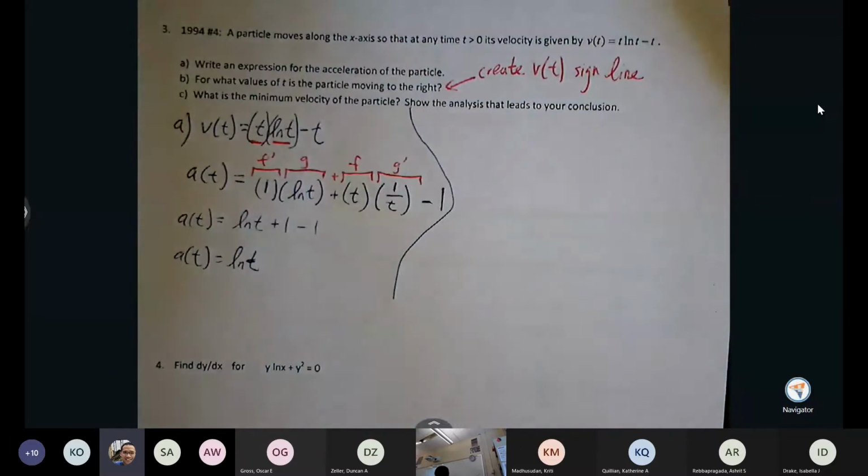Okay, so how do we begin our velocity sign line? We first need to look for what? Critical points. Yeah, and how do you find critical points? Set the function equal to 0. Good, set velocity equal to 0.